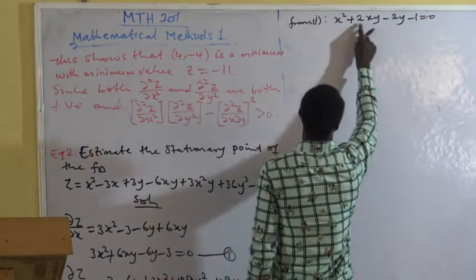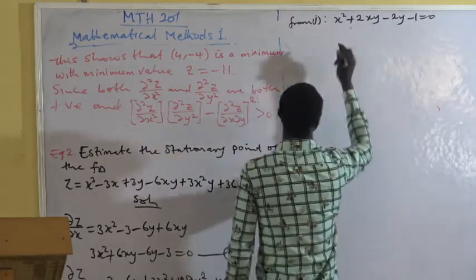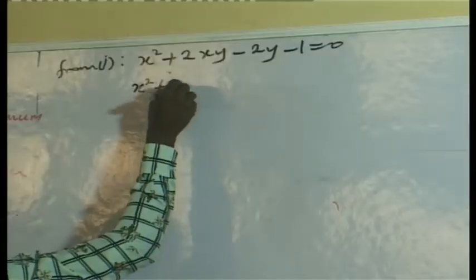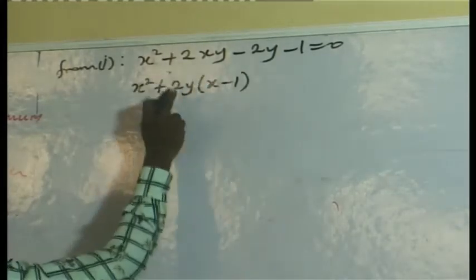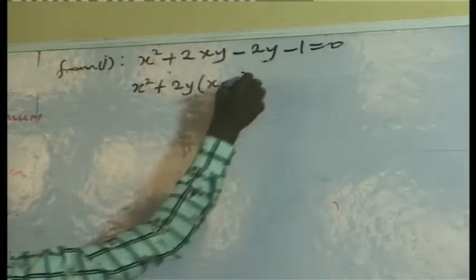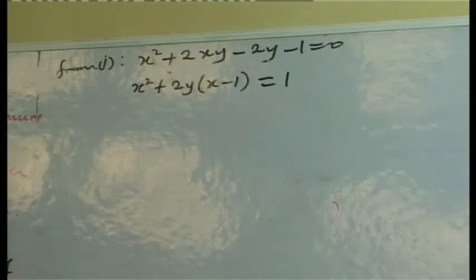Look here, y is common to these two terms. I can write this as x squared plus 2y into (x minus 1) equal to 1. I've taken 1 to that side now.